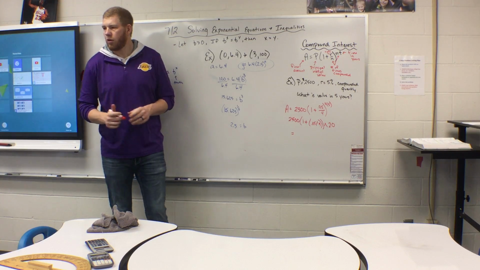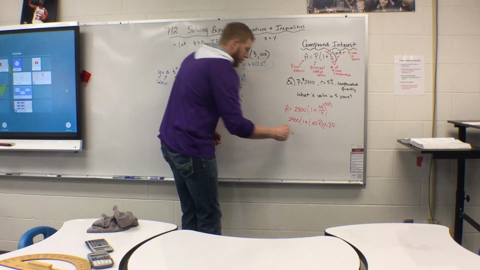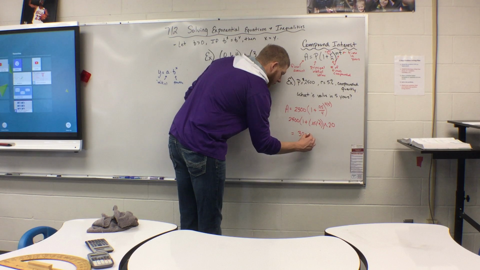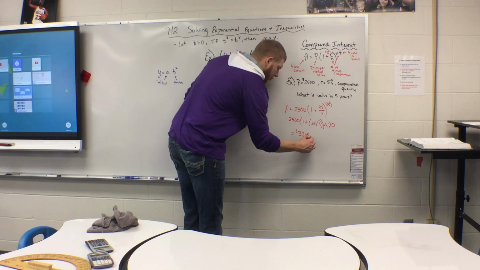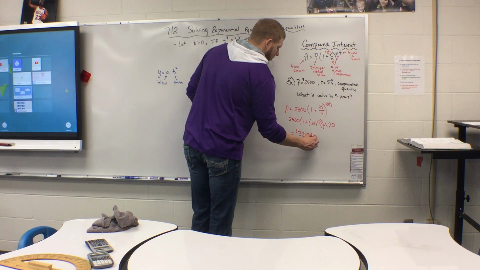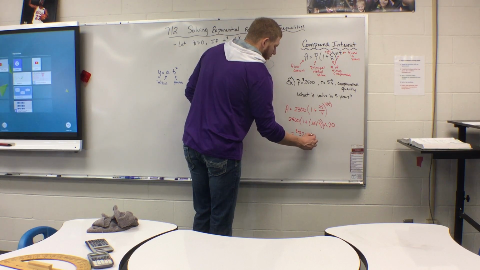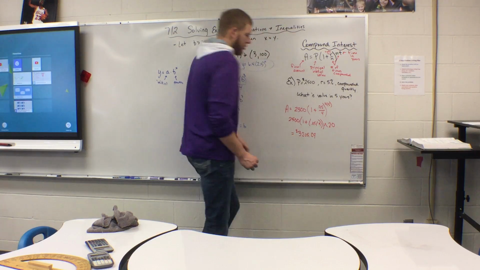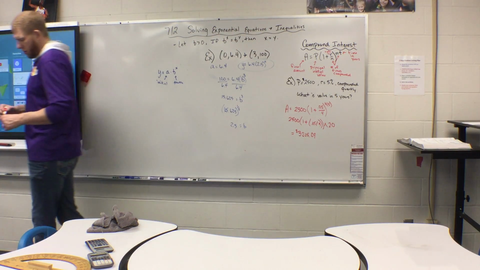What'd you get? 3205. Was there a decimal with it? Yeah, it was 0.093. Okay, again, we're talking about money here, so we're going to round to the hundredths.